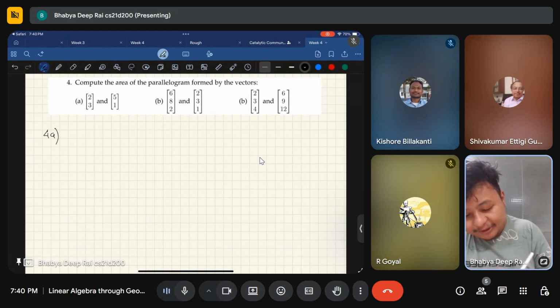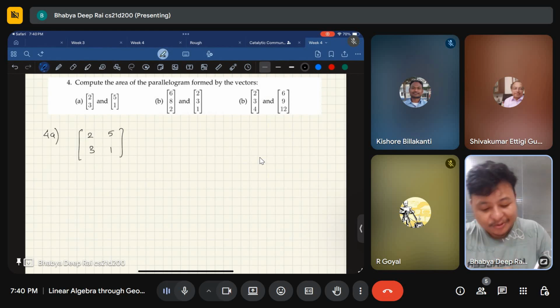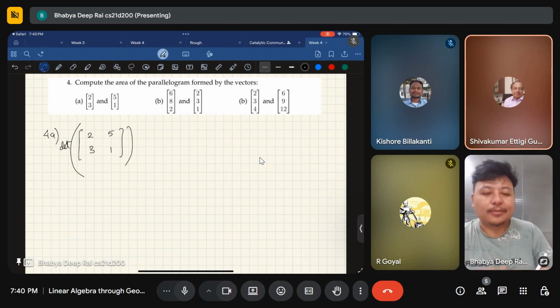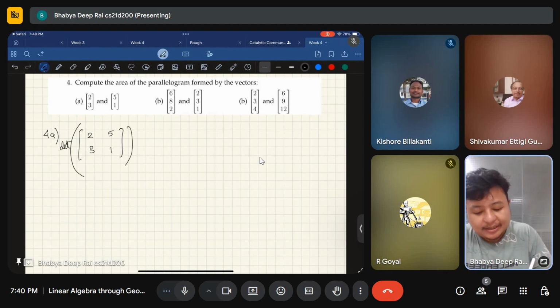I'll get 2 minus 5 times 3, which is 15, which is equal to minus 13. So the area is equal to 13 square units.